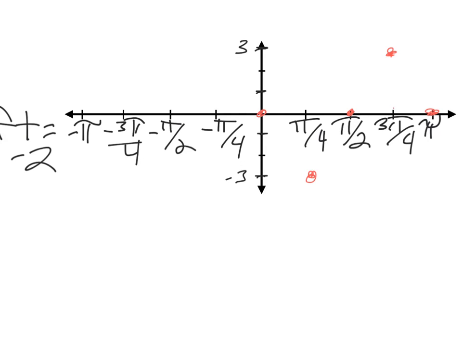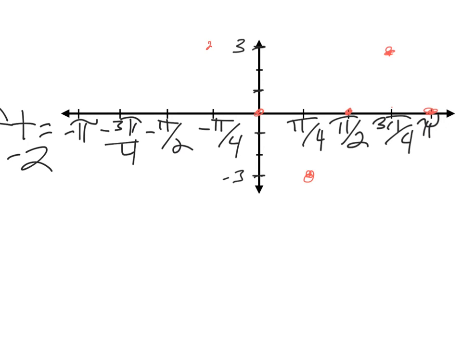And here, to maintain the roller coaster shape, I go up to 3, 0, negative 3, 0. Okay. Now, that's my underlying sine. I can't graph this until I do the horizontal shift. There isn't one. So now I can go ahead and lay down my asymptotes right through the zeros.